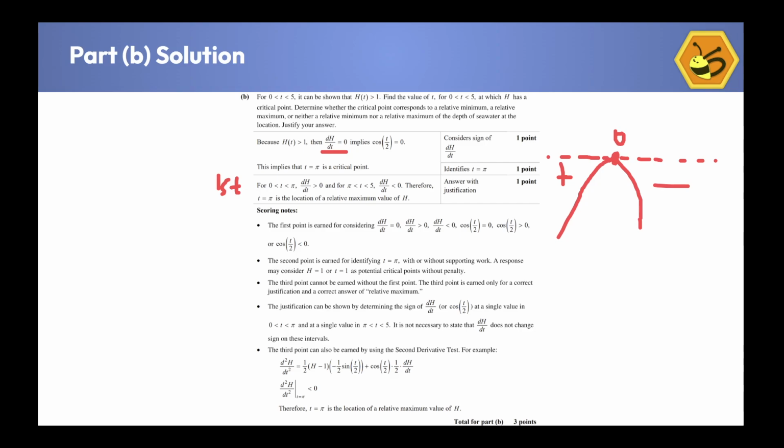Okay, this is for part B. And finally, we have part C left, which is a hard question with a lot of marks. We need to solve a differential equation.